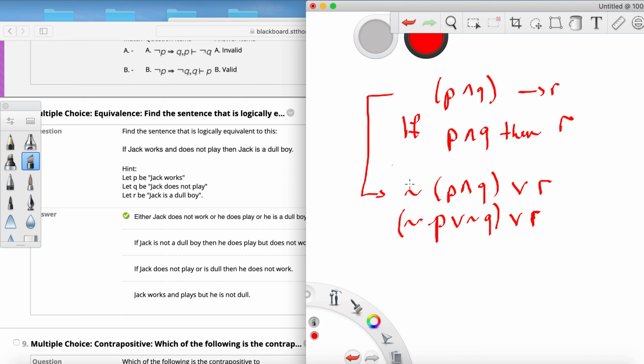So here we have a long set of ors. If we translate this back into plain English, this says not P or not Q or R. So Jack does not work, or Jack does not play, or Jack is a dull boy.